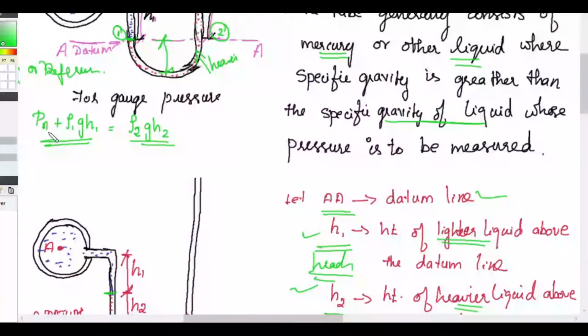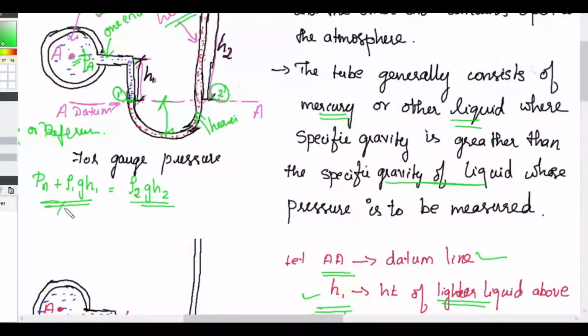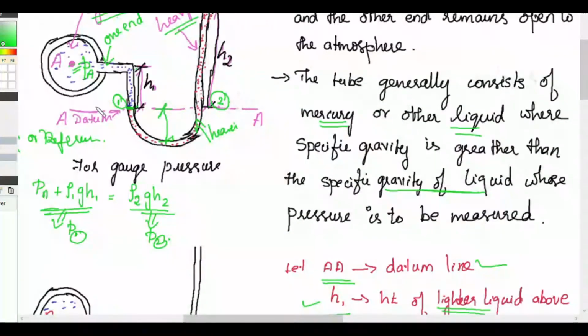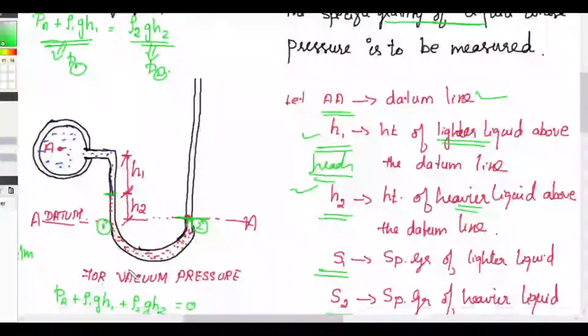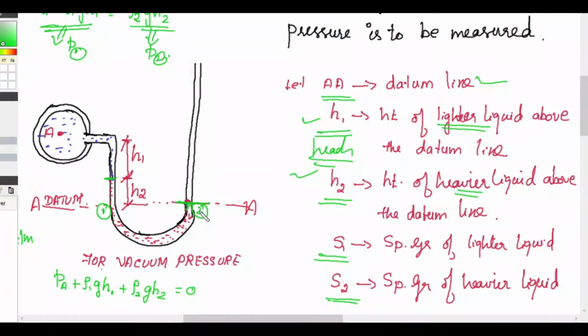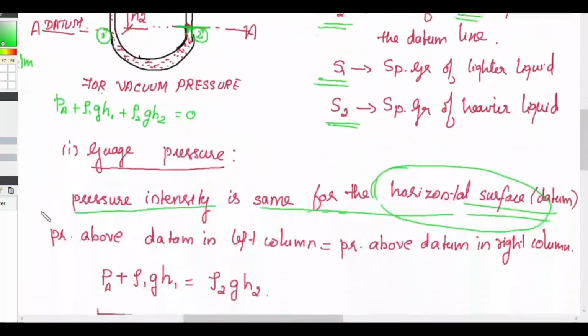This is the pressure at 1, this is the pressure at point 2. So pressure at point 1 is equal to pressure at point 2. That is why it is PA plus rho 1 GH1 equal to rho 2 GH2. Here also pressure at 1 is equal to pressure at 2. So PA plus rho 1 GH1 plus rho 2 GH2 equals pressure at 2, which is 0. That is gauge pressure.